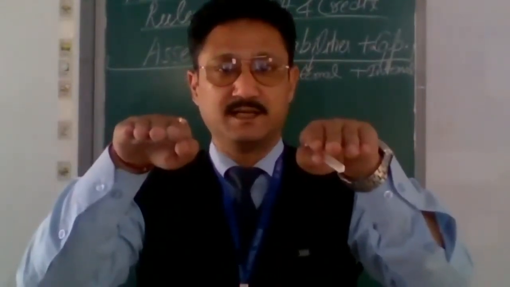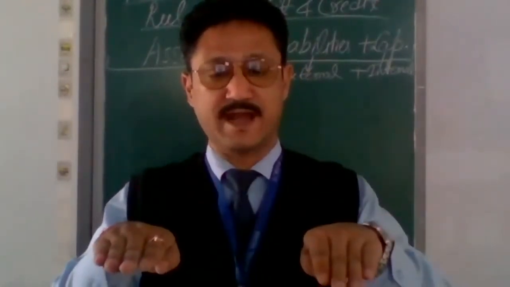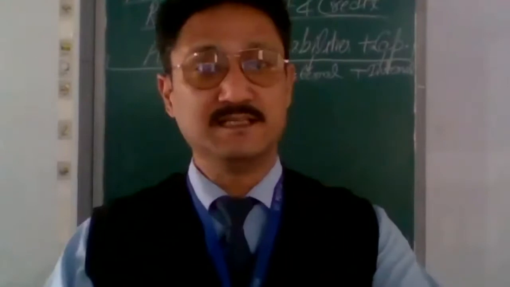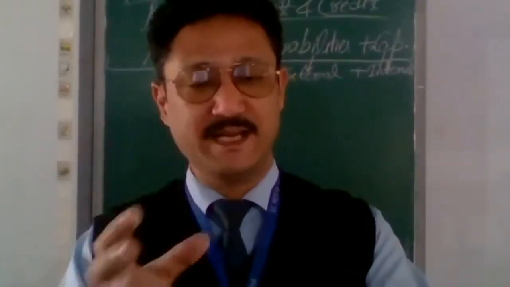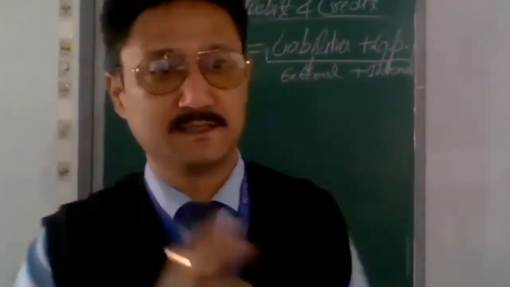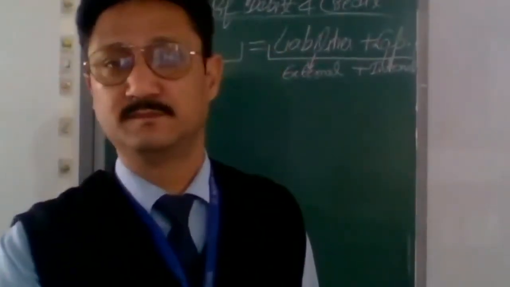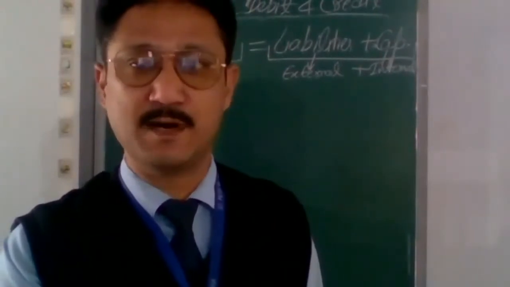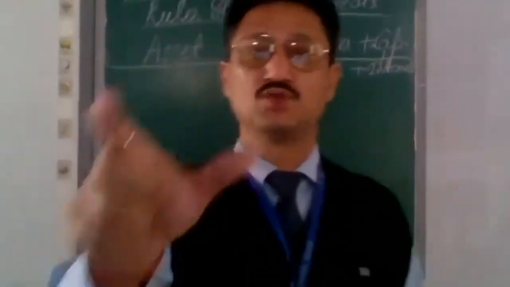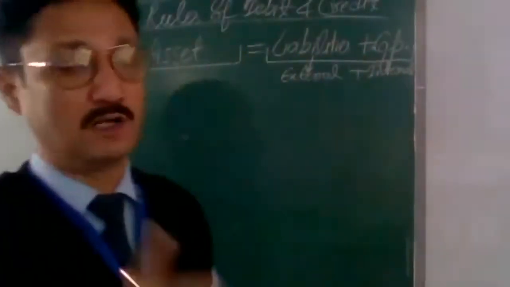If I subtract 10 rupees from one side, I must also subtract 10 from the other side to make them equal. These are two methods to keep the two sides, left hand side and right hand side, equal: to add the same amount on both the sides, asset side and liability side, or to subtract the same amount from both the sides.